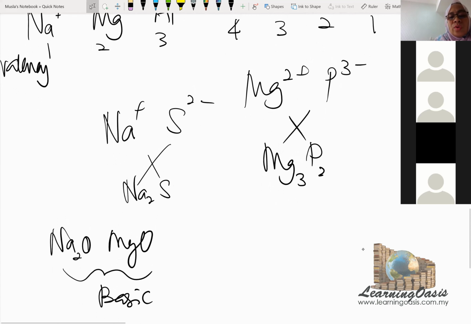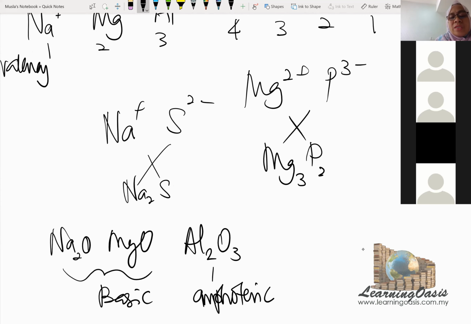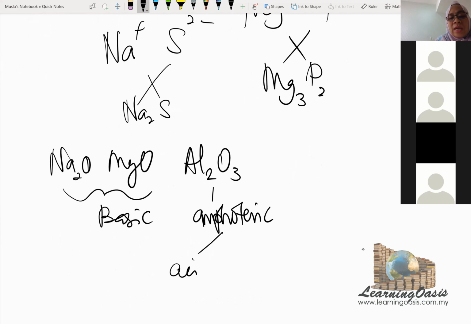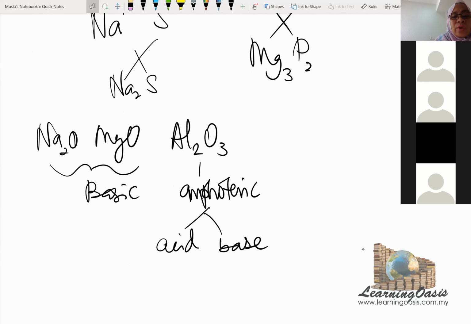Now Al2O3, what do you call this? Amphoteric. What does it mean? It has both acid and base properties. How do you test for a basic oxide? You add acid and it dissolves. How do you know it's amphoteric?